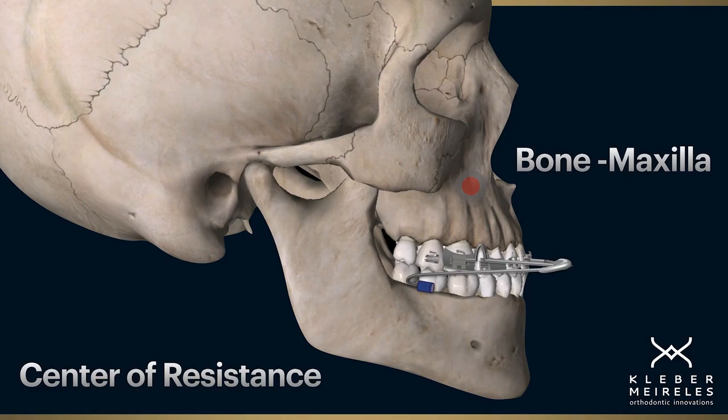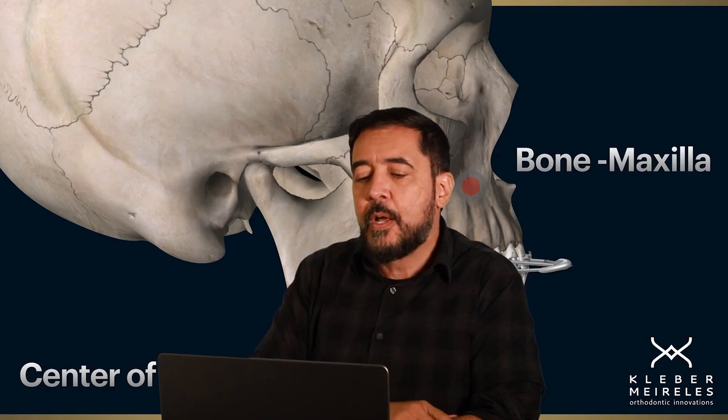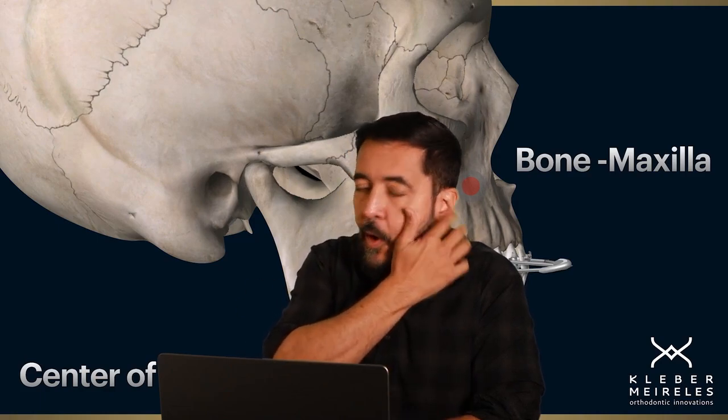So if you consider a force applied against the maxilla to do the retraction of the whole maxilla, I mean, I'm doing orthopedics now, not orthodontics, I also have a center of resistance to consider, to have the force passing through the center of resistance, above or below it, in order to achieve the right kind of movement that I planned for. So we have all those centers of resistance calculated for us.